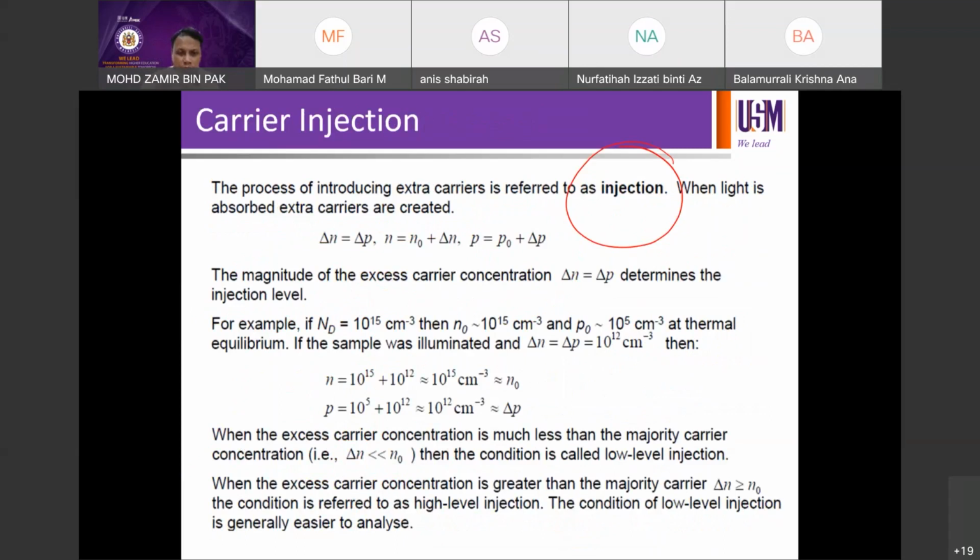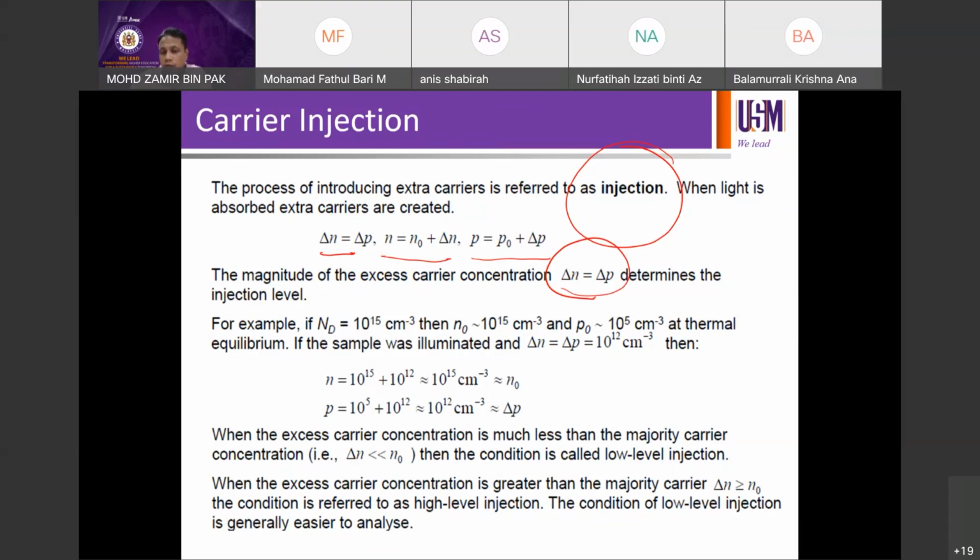So delta n is equal to delta p, because to create a free electron, you have to break a bond, and that equals a free hole as well. And n is given by n naught plus delta n, and p is given by p naught plus delta p, as we discussed on the previous page. The magnitude of the excess carrier delta n equals delta p determines the injection level. So your injection level may vary from a very low level up to a very high level.